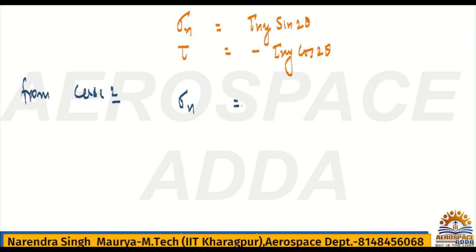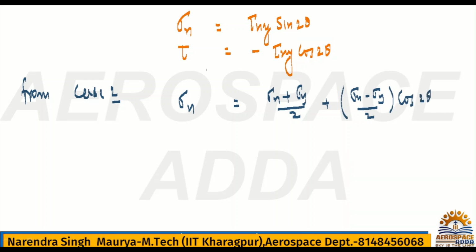Previous cases we had calculated sigma n, right? So what was the sigma n for case 2? It was sigma x plus sigma y by 2 plus sigma x minus sigma y by 2 into cos 2 theta. So this is the sigma n.